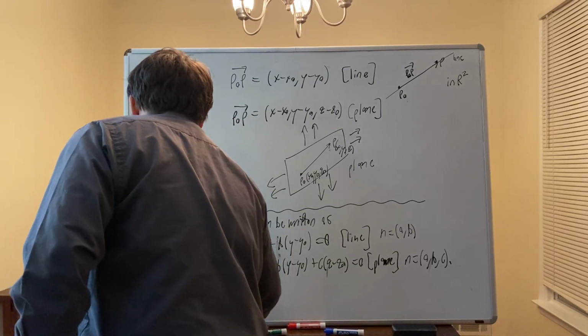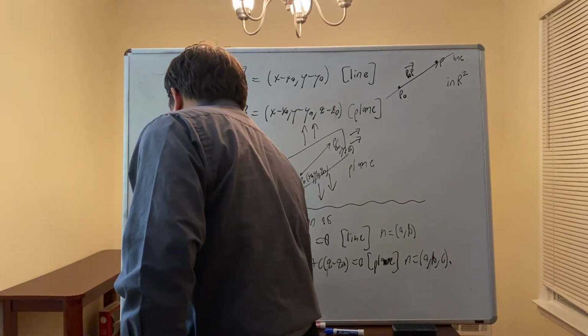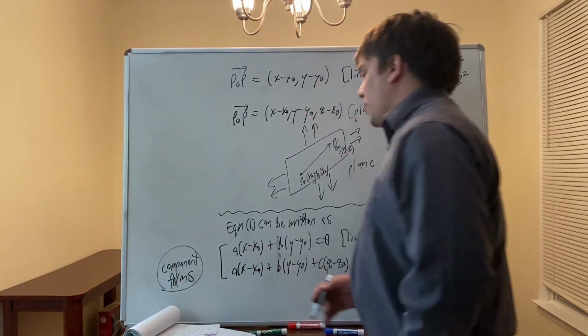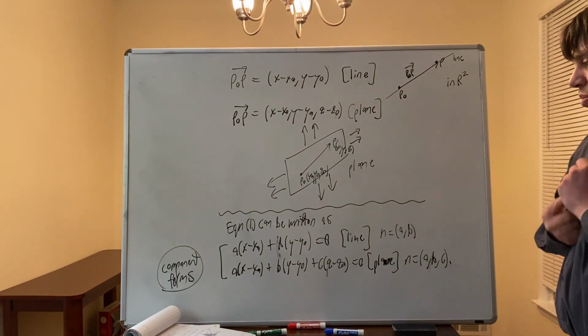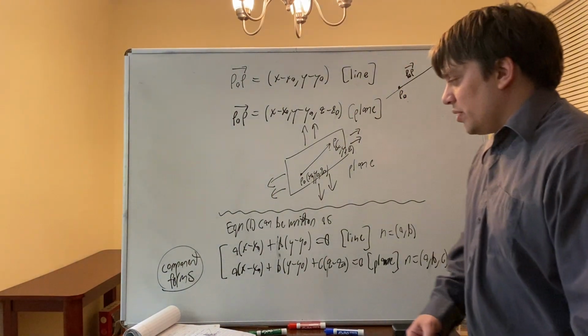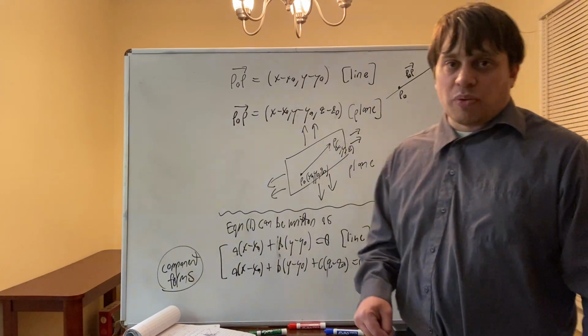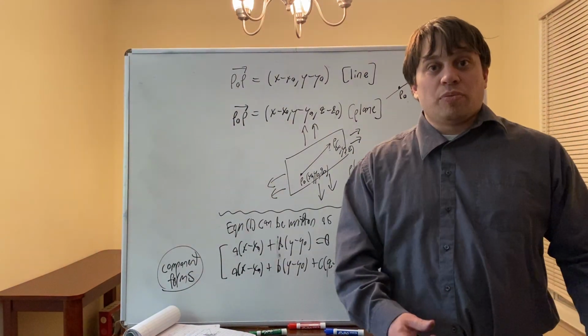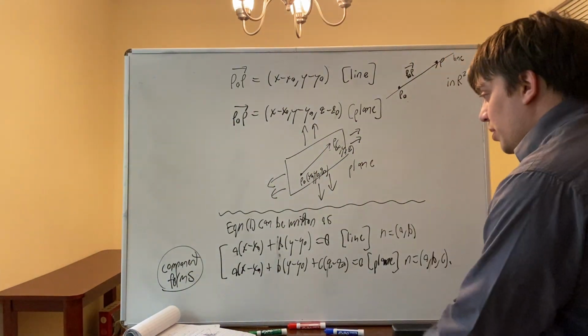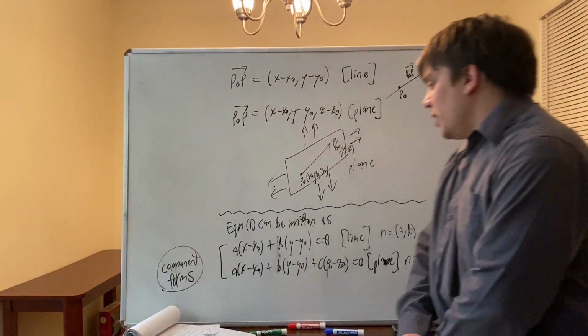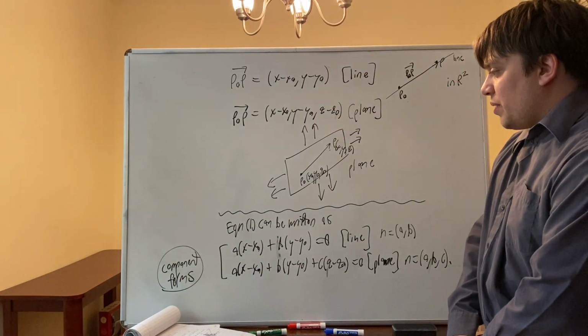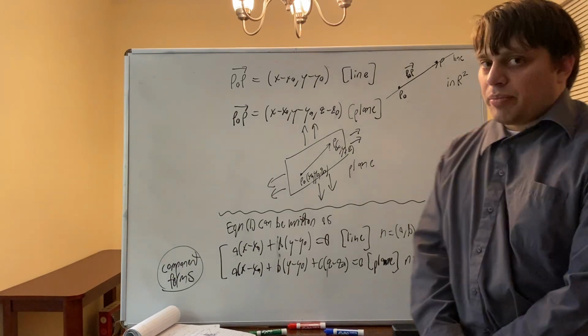The other thing was the component forms, because there are two equations there, so it's component forms. In the other example, it was the point normal form, because we used a point and a normal to describe the plane. Here, we're using the components of all the vectors involved in order to describe the plane.